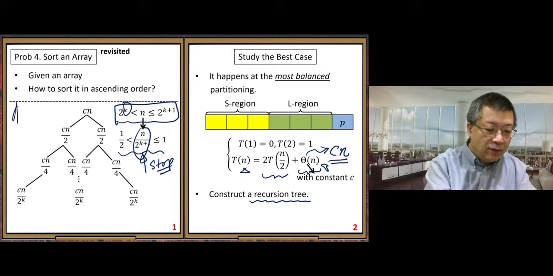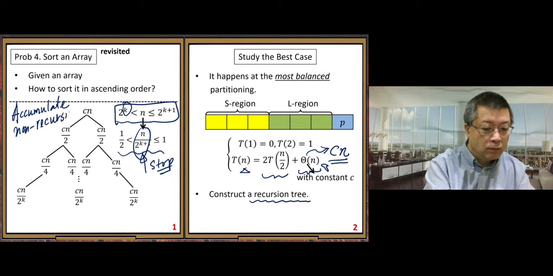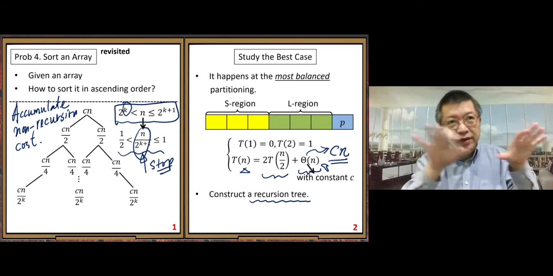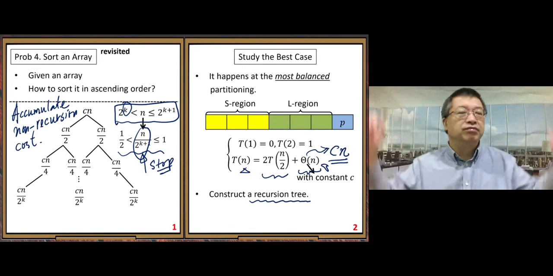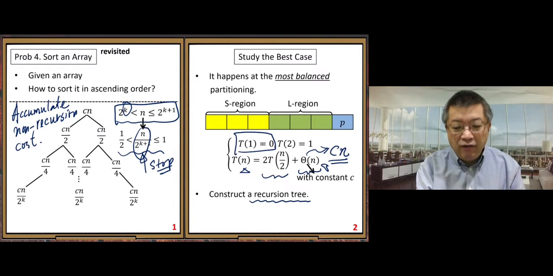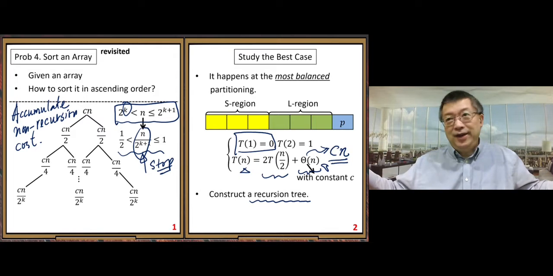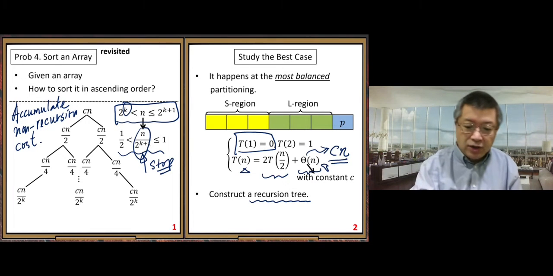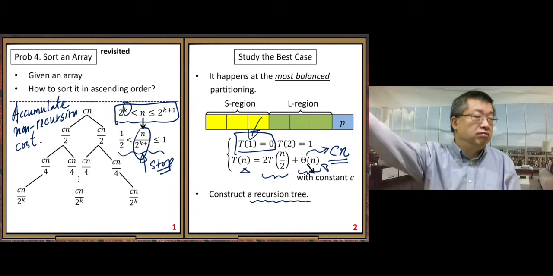The recursion part eventually disappears, because at the bottom level, T of 1 equals 0. It's gone, no contribution when you reach the very bottom level.